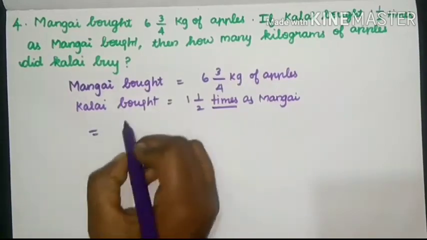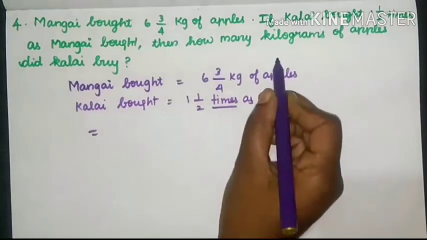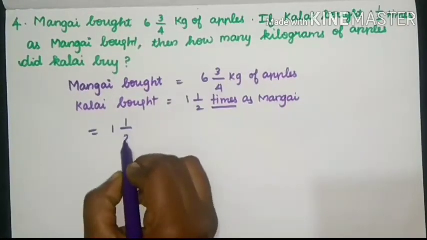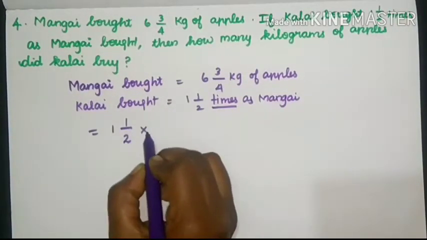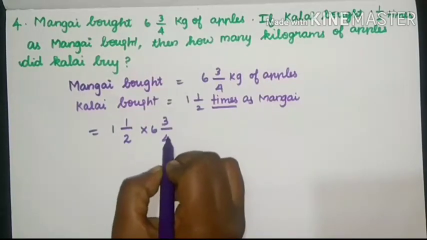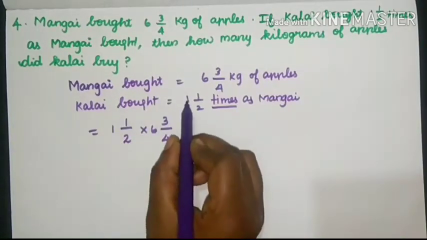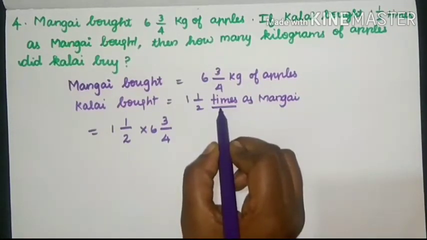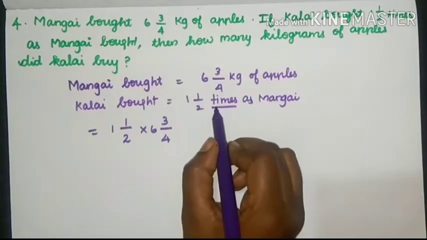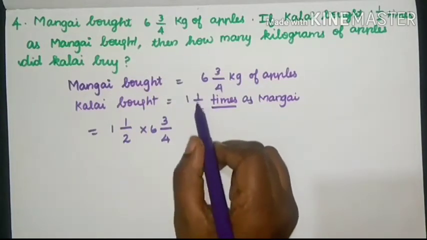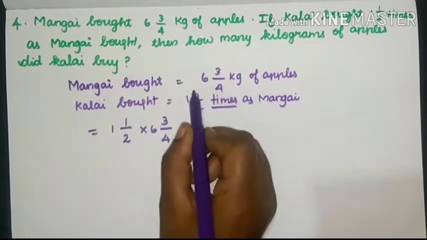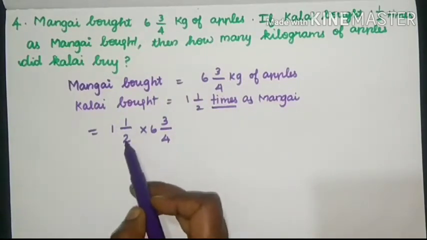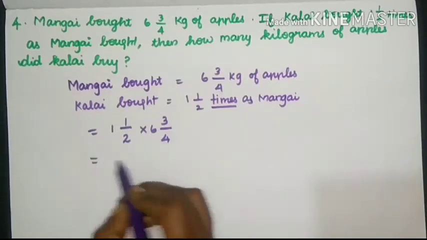Multiplication. So we have to find how many kilograms of apples did Kalai buy. For that you have to multiply 1 by 2 into 6 3 by 4, because Kalai bought 1 by 2 times as Mangai. Here the word times represents the keyword multiplication. So you have to multiply 1 by 2 into Mangai. Mangai bought 6 3 by 4 kg of apples. So 1 by 2 into 6 3 by 4.